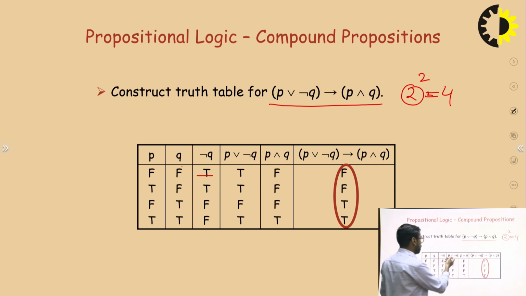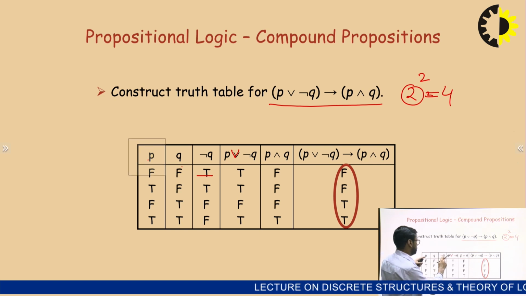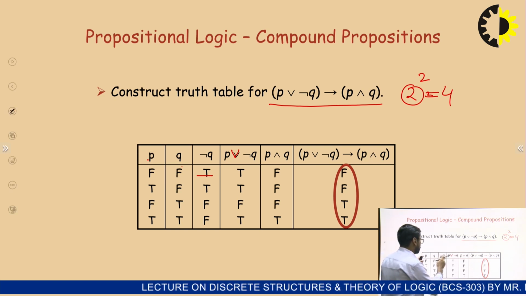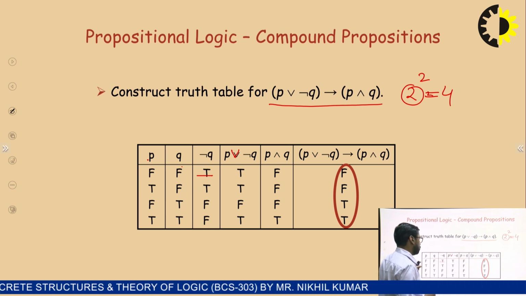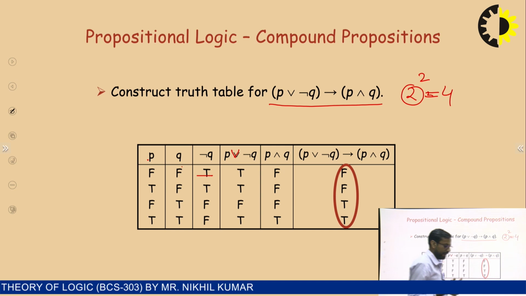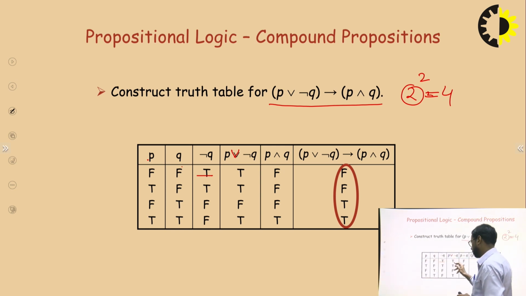For p logical or negation q, the value will be true if one of the predicates' values is true. Here both values are true, so the result is true.